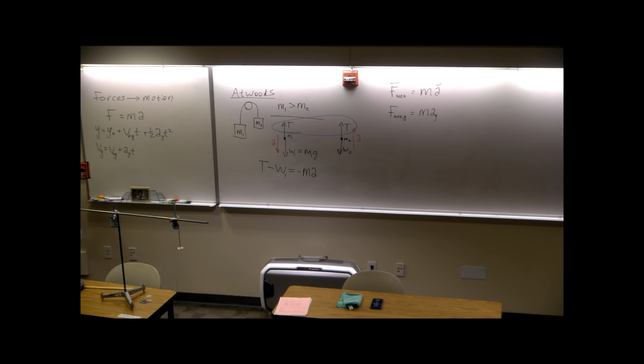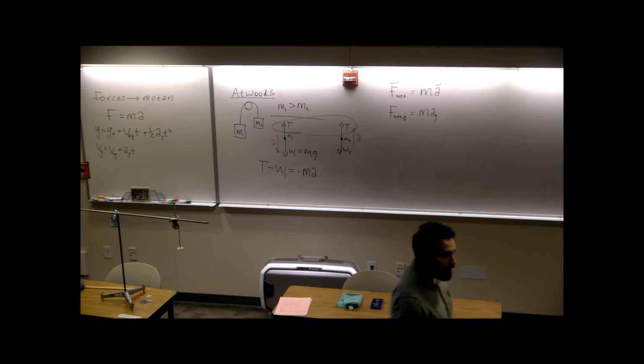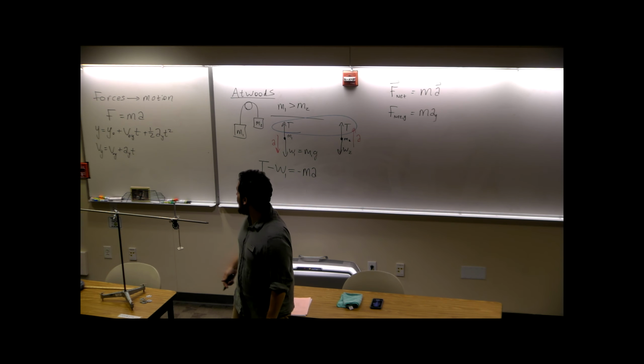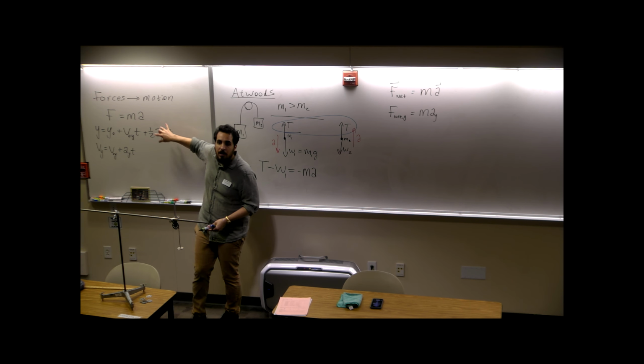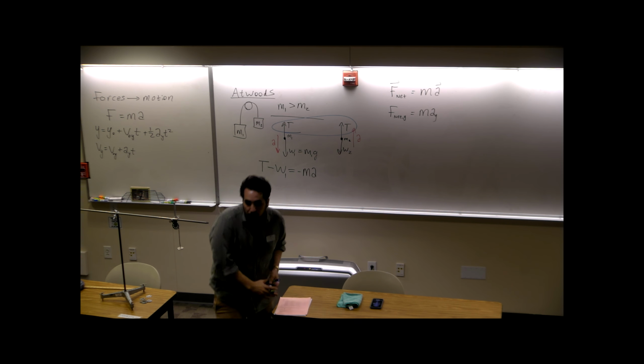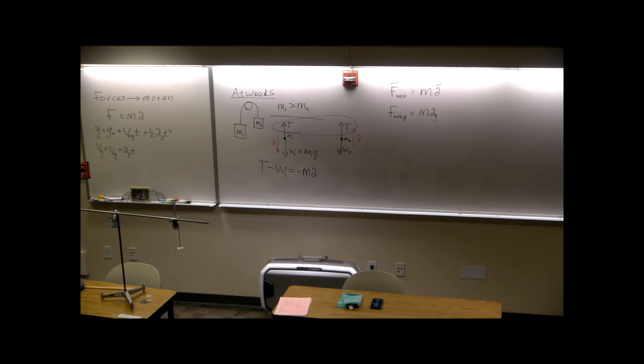Why did I put the negative there? What was that, Brian? Acceleration is in the downward direction. Acceleration is downwards. So I put the negative there to indicate a downward acceleration, just like when we were dealing with free fall problems, right? When we were dealing with free fall problems, I might put minus half g t squared, with the negative to indicate downward acceleration. So we put that negative in there to indicate the direction of our acceleration.